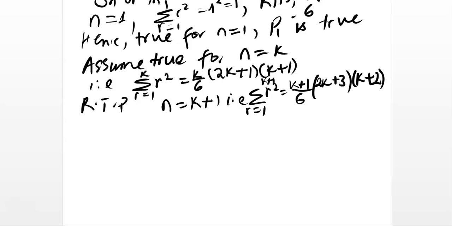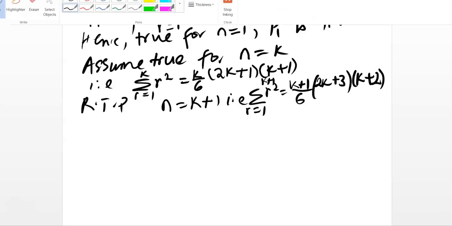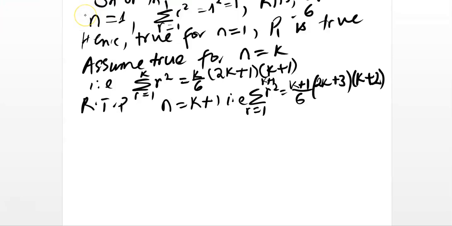Having that in mind, we have our series here. We have the summation from 1 to k plus 1 of r squared. What is it equal to? When you are summing from 1 to k plus 1, it's the same as summing from 1 to k of r squared plus the next term.